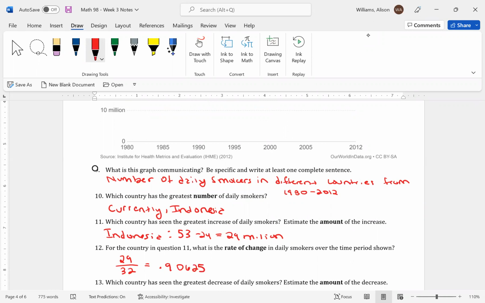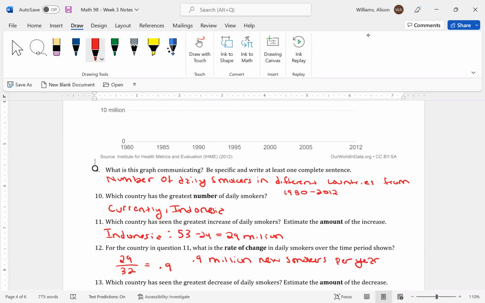That's 0.9 million, another way of saying that is 900,000. Okay, so here I'll estimate it to be 0.9 for ease. So 0.9 million new smokers per year. That's intense, almost a million.